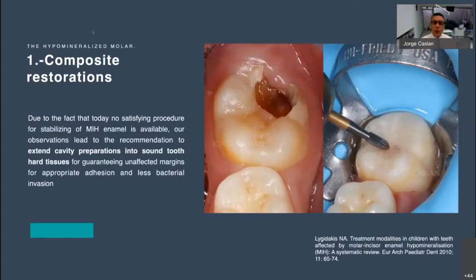For many years, we have been treating enamel defects in posterior permanent teeth with composite restorations, with good clinical results if the margins of the preparation were extended into hard enamel and if the restoration was placed on the rubber dam isolation.